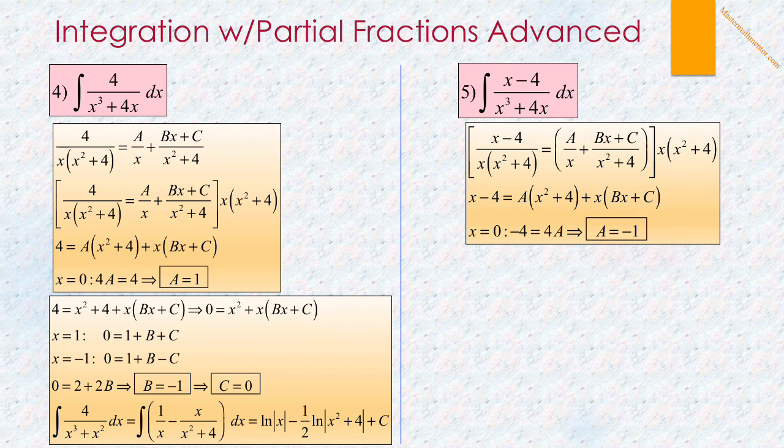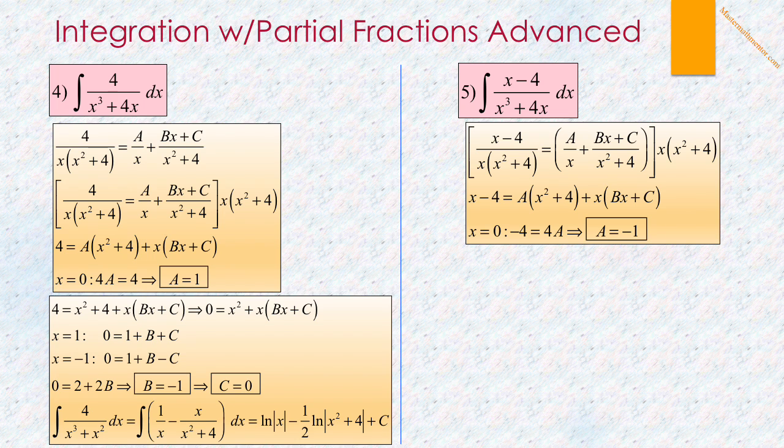Number 5 reads the integral of (x - 4)/(x³ + 4x) dx. Again, u substitution will not work, and we cannot do this by the traditional partial fractions technique because the denominator factors into x(x² + 4), which are not all linear factors.